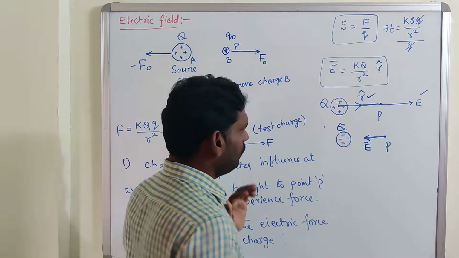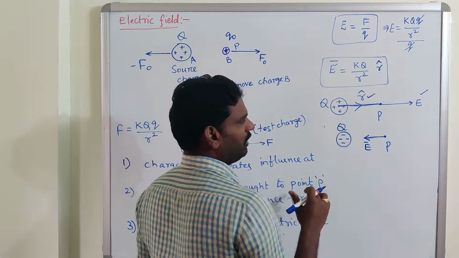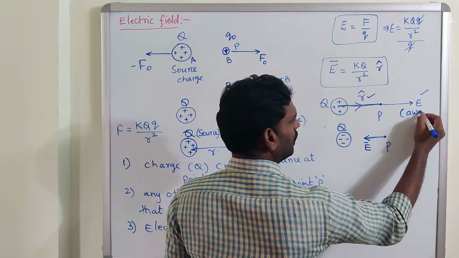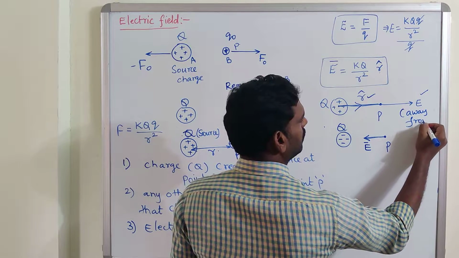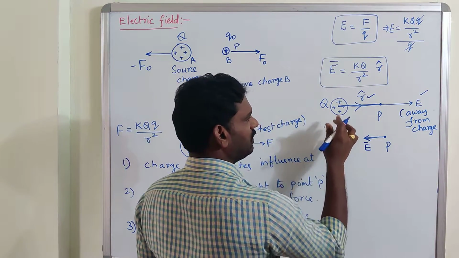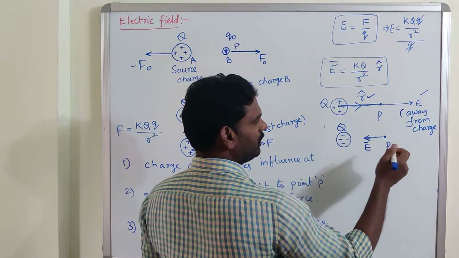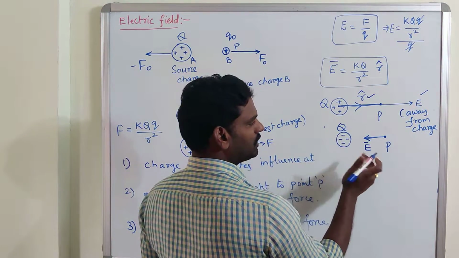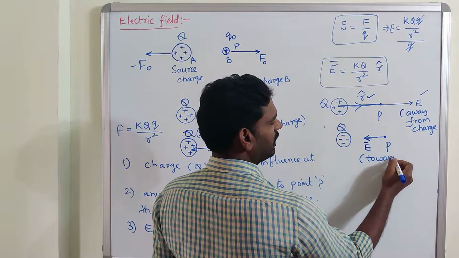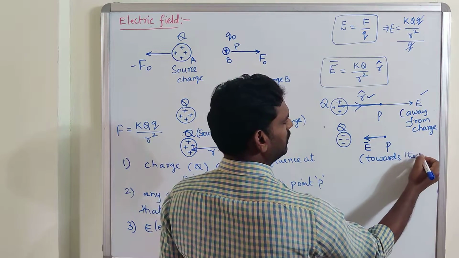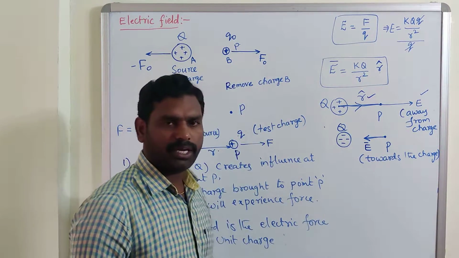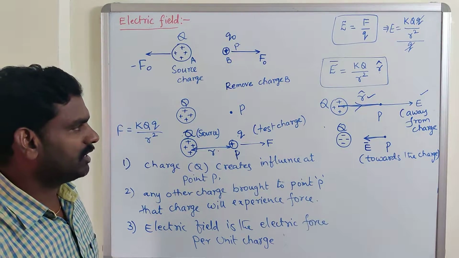So now this is the direction of electric field for a positive test charge: away from the charge. For a positive source charge it is away, and for a negative source charge, the direction of electric field is towards the charge.